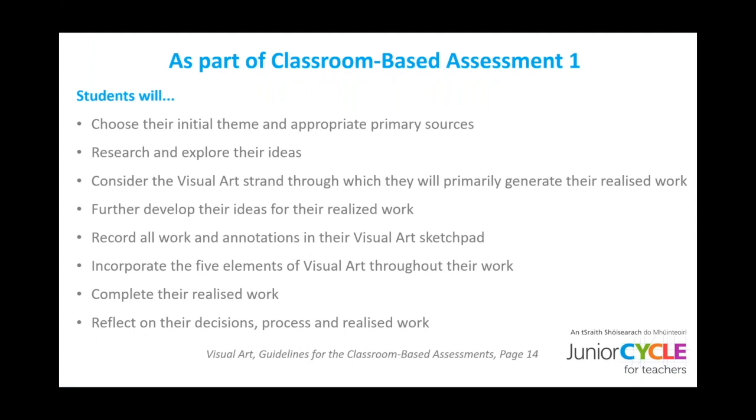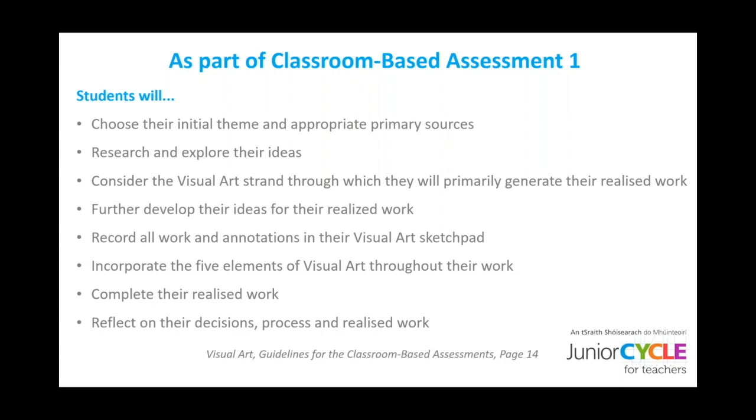As part of Classroom-Based Assessment 1, students will choose their initial theme and appropriate primary sources. They will research and explore their ideas. They may consider the visual art strand through which they will primarily generate their realised work. They will further develop their ideas.